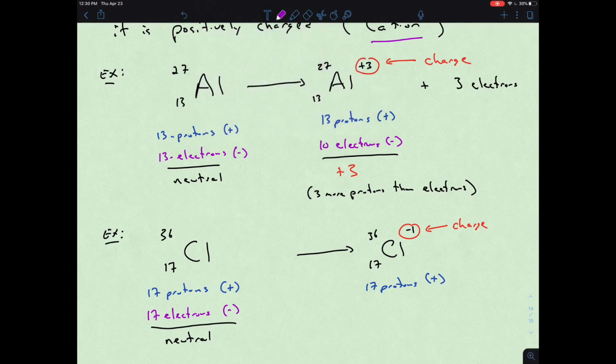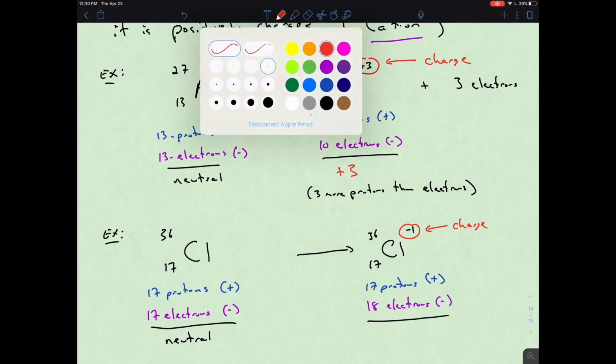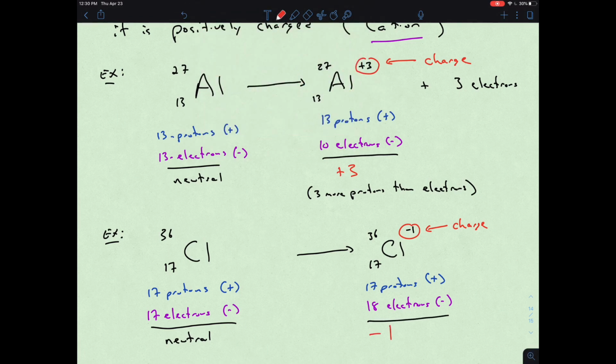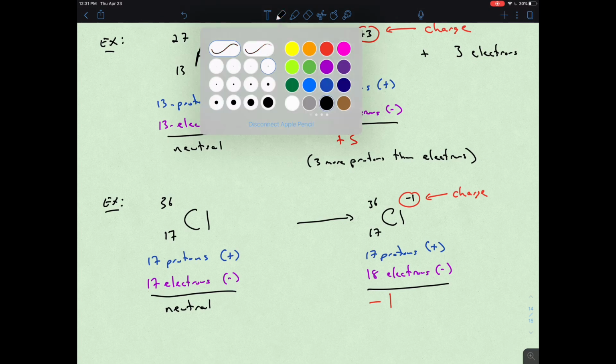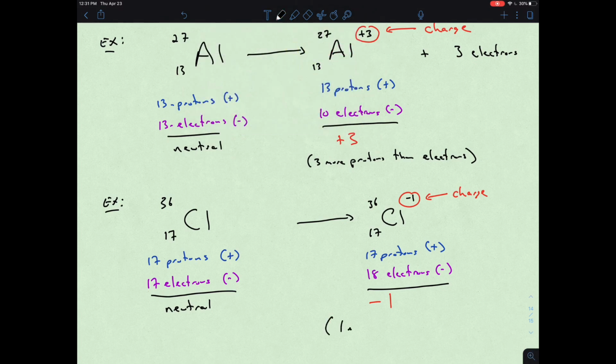But on the right side, we now have 18 electrons. And so that's where that -1 charge comes from, that there's 1 more electron that's negative than protons.